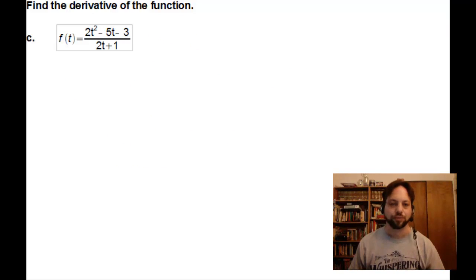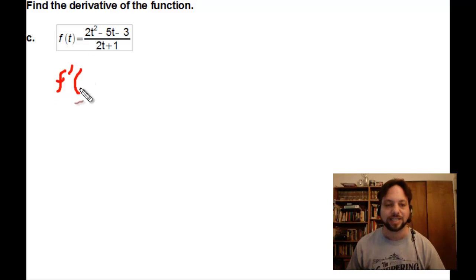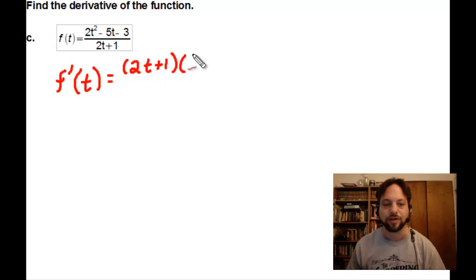Wow, this is a pretty brutal looking quotient thing. Well, regardless of that, it certainly is a quotient, so we can differentiate this using the quotient rule. And if we do that, let's see exactly how this is going to work. The derivative of f of t, well, if we do this, we're going to do the bottom, the denominator, multiplied by the derivative of the numerator, which is going to be 4t minus 5.